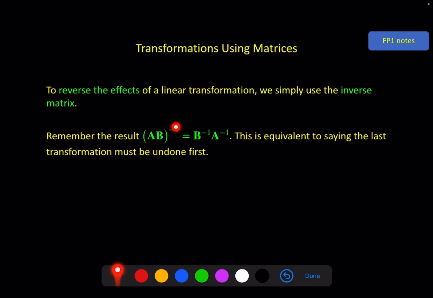And when you want to undo that, when you want to invert that, you have to undo the last transformation first. This is a little bit like saying if I put on my socks and then I put on my shoes, I have to take off my shoes before I can take off my socks. So the last one must be undone first, which is why this is such a useful result.